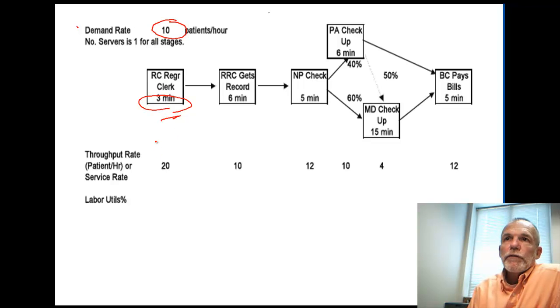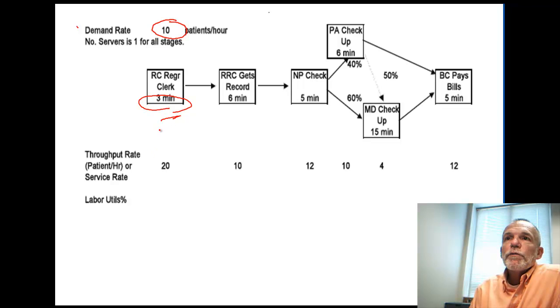Okay, after doing the diagram, the next stage is to look at the throughput rate at each step in our process. What we're given here is a time of 3 minutes, and for a single server, the relationship between time and rate is that if you know the time, the rate is the inverse of the time.